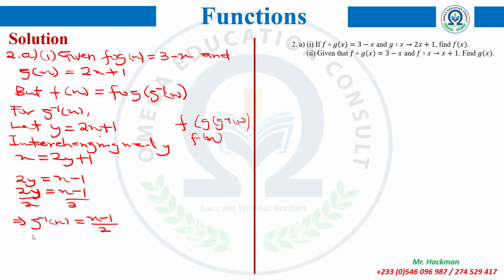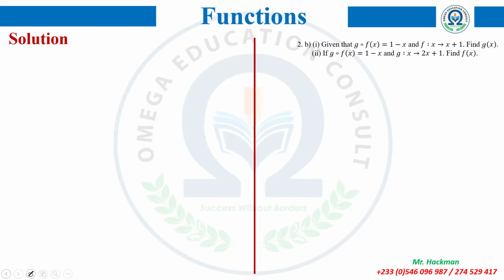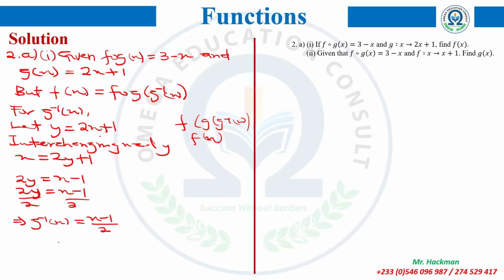Okay, so now what do we do? You substitute. So your f of x that you are looking for will be equal to f of g inverse. And what is your inverse? You know that it is x minus 1 all over 2.